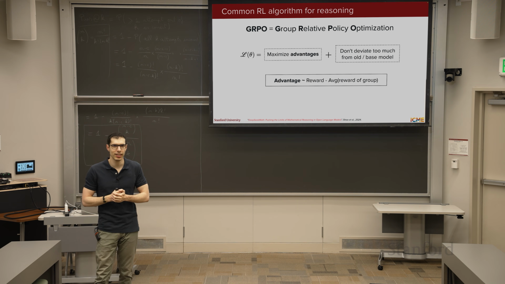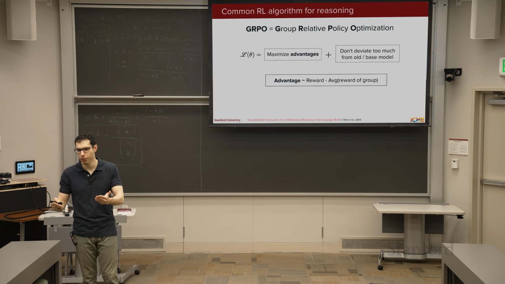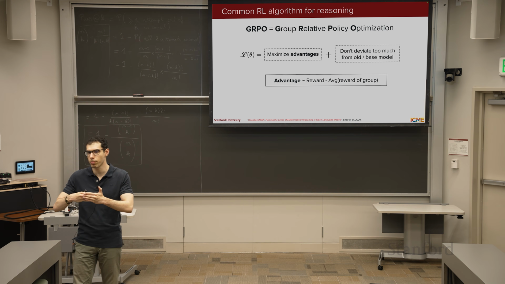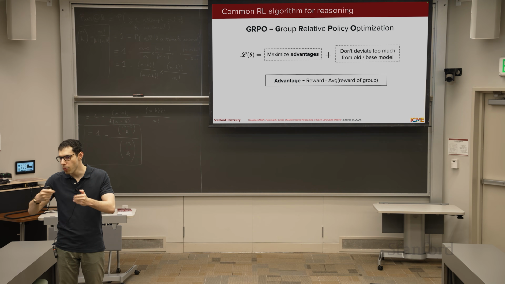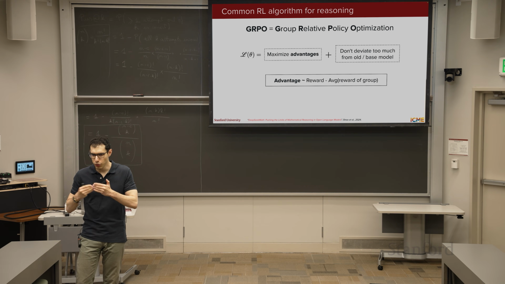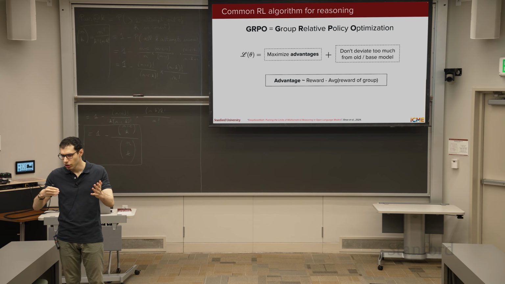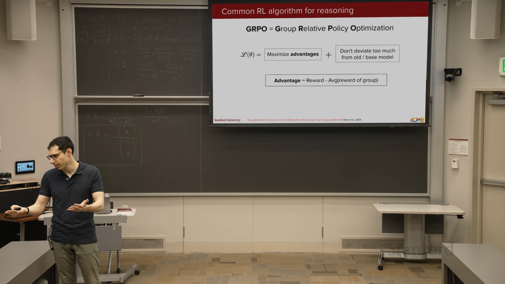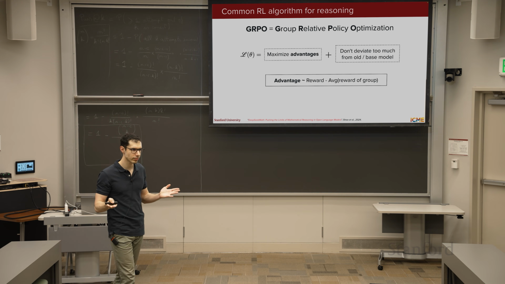But if you have a very hard problem and you have the correct answer, then you want to make sure you're incentivizing your model to upweight those tokens much more, because if you find a good solution, it's a good solution to a hard problem. So you want to somehow bake that into your advantage. That's the intuition.